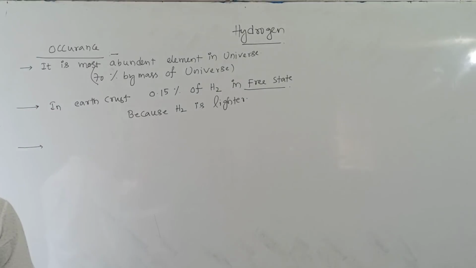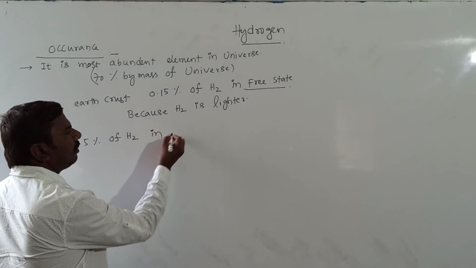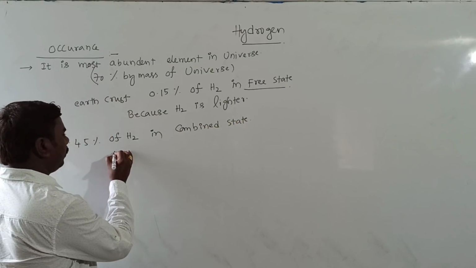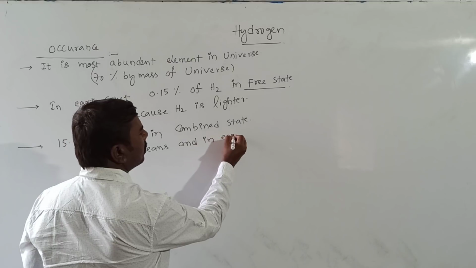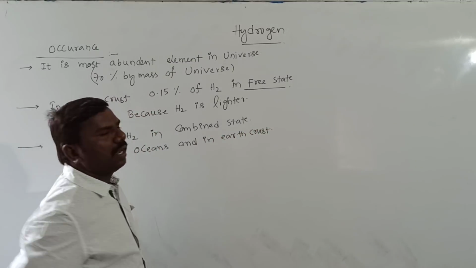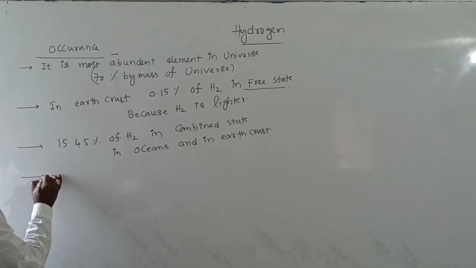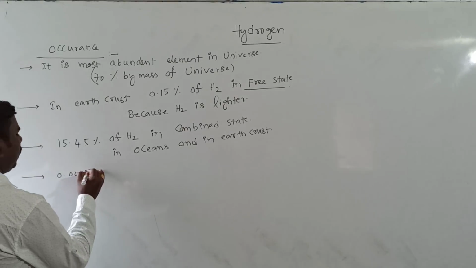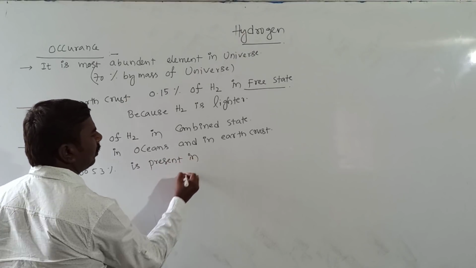The percentage is 15.45% of hydrogen available in combined state, in oceans and in earth crust. In atmosphere, 0.0053% is present.